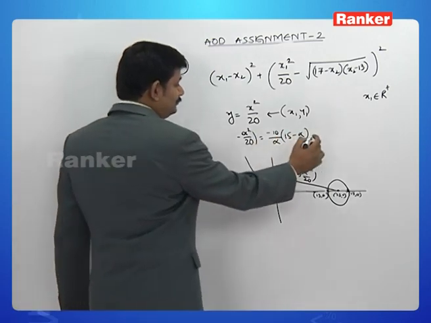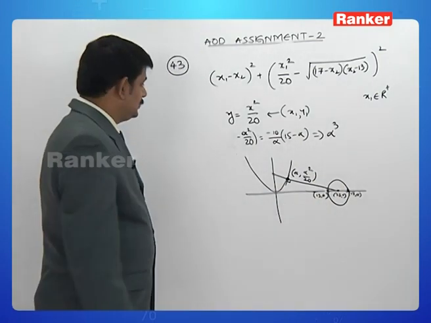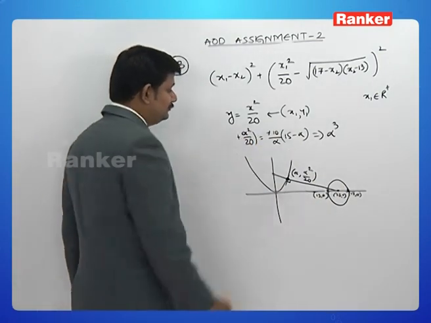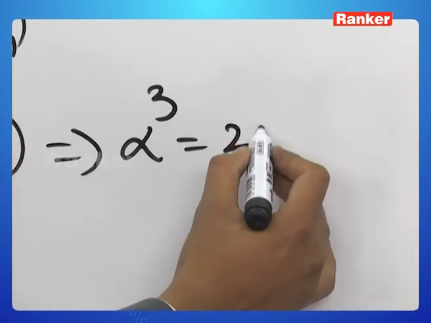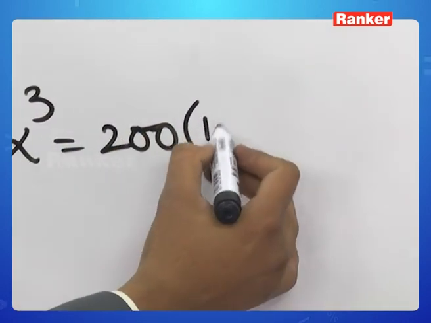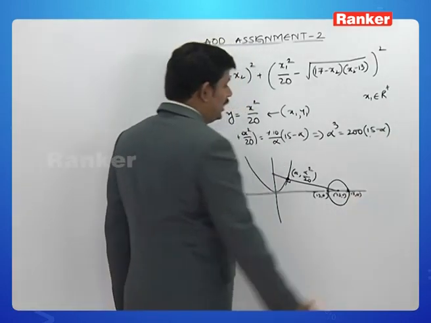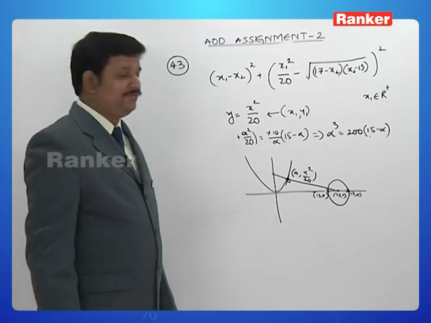We have alpha cube; cancel the minus sign on both sides. Alpha cube is equal to 200 into 15 minus alpha.